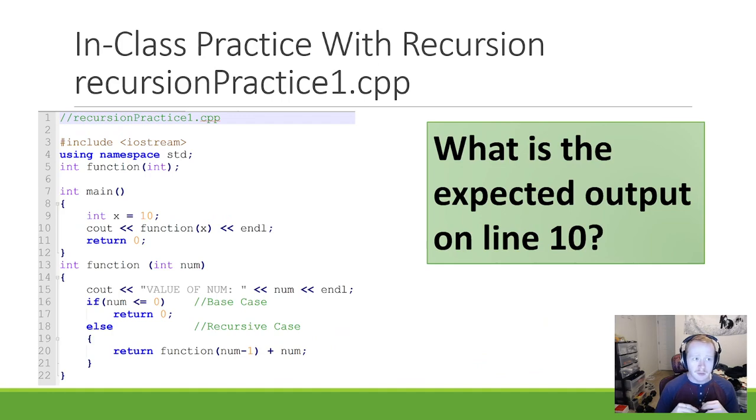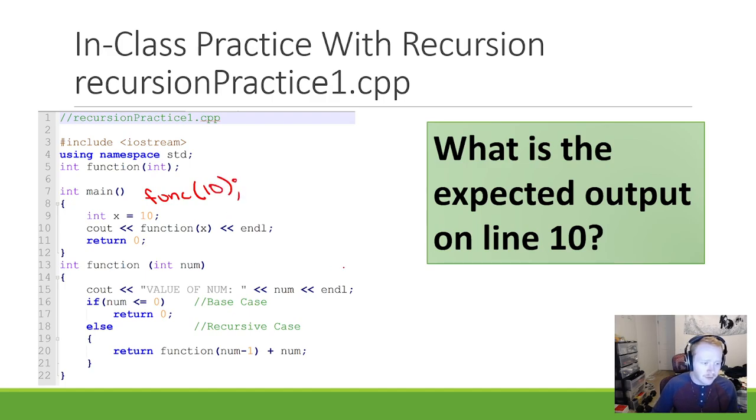So there's a couple of in-class practices. If you want to pause it and sit there and scribble on a piece of paper and figure out what it's doing, you're more than welcome. I'll give you a couple seconds to do that. But taking a look at this function, in our call in main, we are calling function at 10.